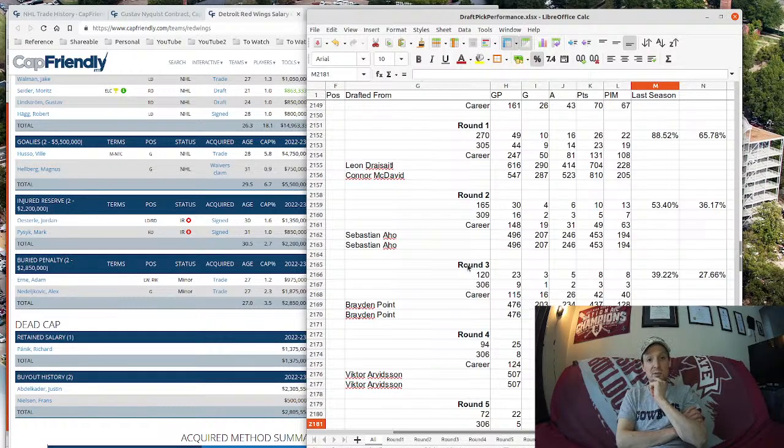Just trade them away for people that will give you an asset that you want or need. So I guess the best way to summarize this, and I don't really need to share screen anymore because this is pretty much it.